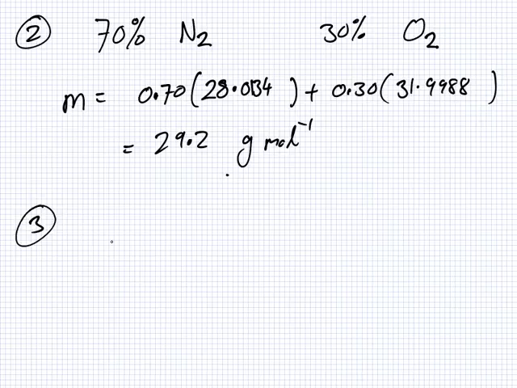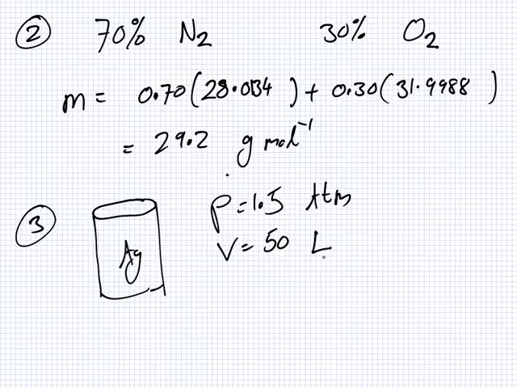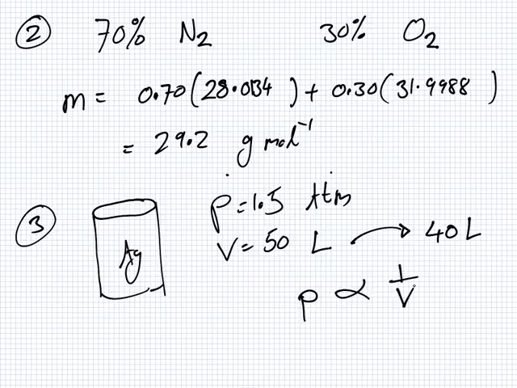A cylinder of R1 is at a pressure of 1.5 atmosphere and its volume is 50 liters. What will be its pressure if the volume is reduced to 40 liters? This is an example of Boyle's law, where pressure is inversely proportional to volume.